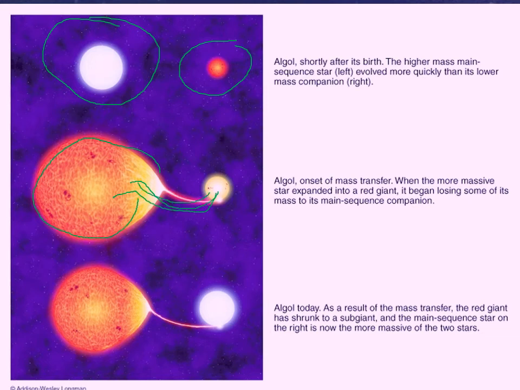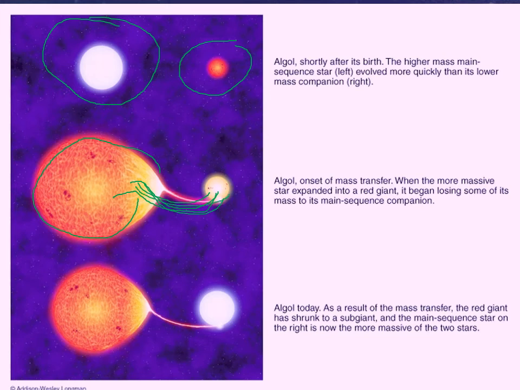Now, what kind of mass? It's going to be the mass on the outer parts of the star. Well, what's on the outer parts of the star? The core is fusing hydrogen to helium. What are the outer parts doing? Very little. So the outer parts of the star stay mostly hydrogen with a little bit of helium in there. So we're dumping hydrogen onto the other star.